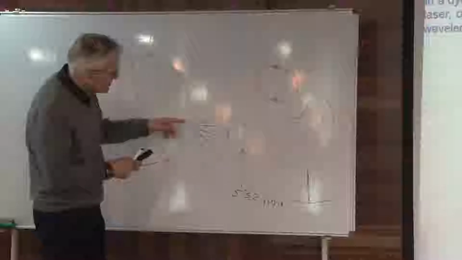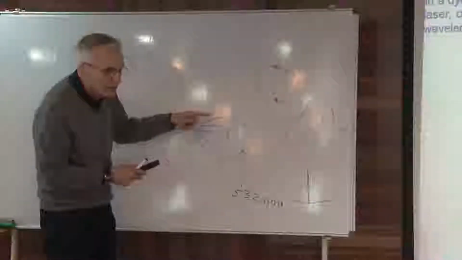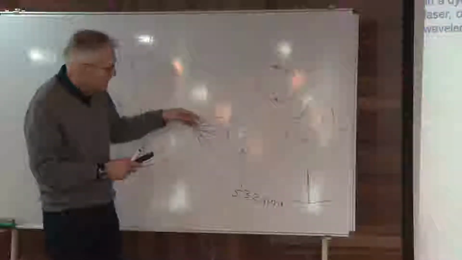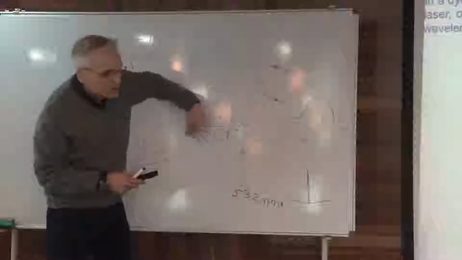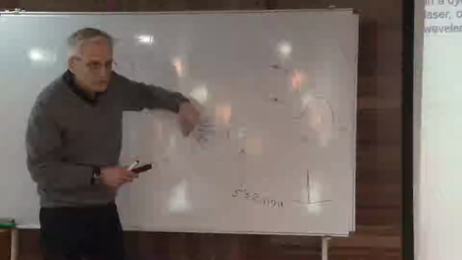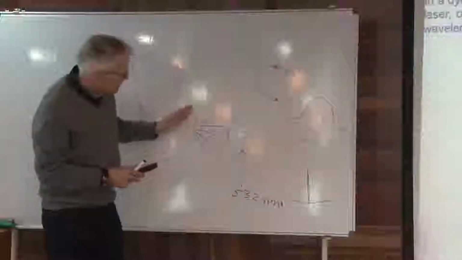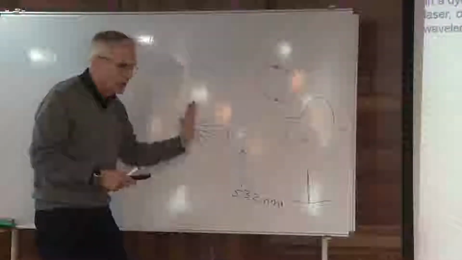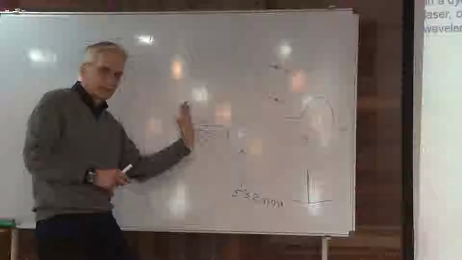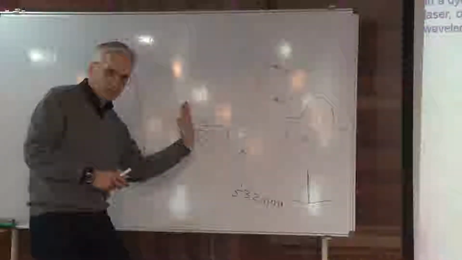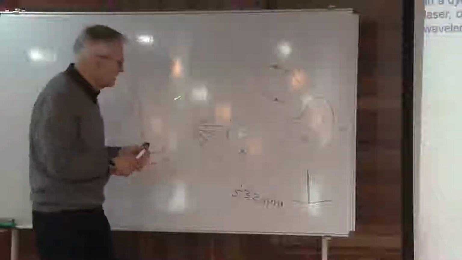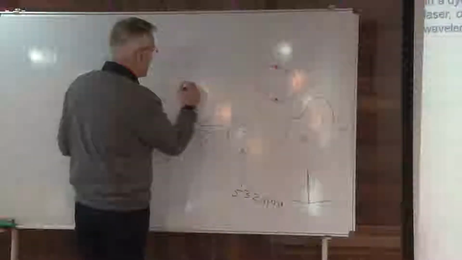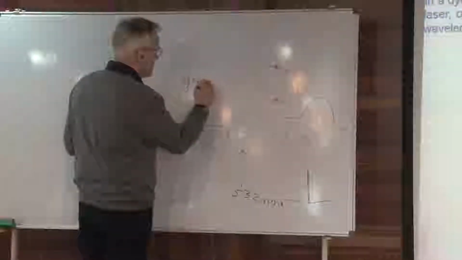Then it happens to be that, of course, one of these wavelengths fulfills the condition to go back and forth. So now, with this setup, one of these wavelengths comes out. But then if I turn this a little bit, then another wavelength will come out. And this is called a grating.